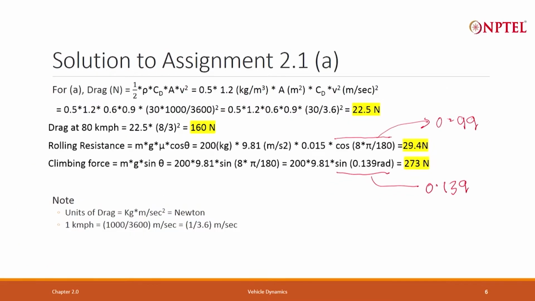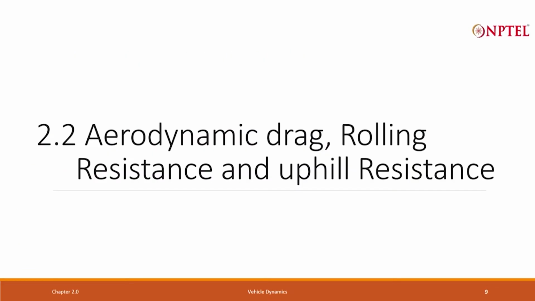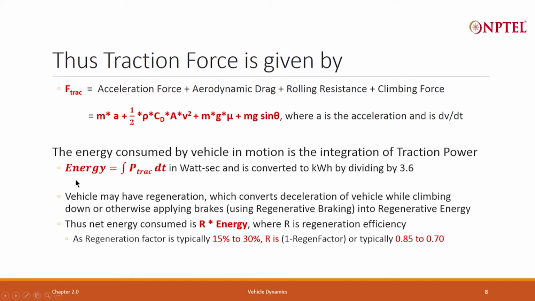Based on that, we had added all this and said the traction force is mass into acceleration plus all these three forces. We had also talked about how most of the time the slope is very small, so cos theta is 1, and sin theta can be written as approximately theta.